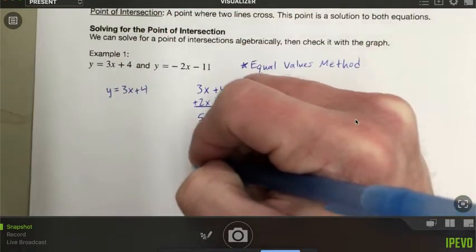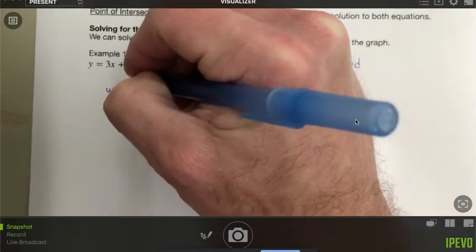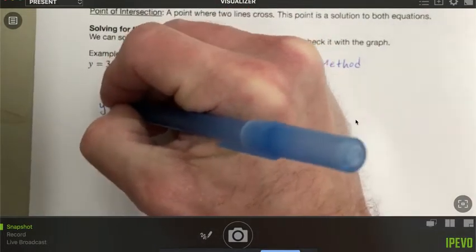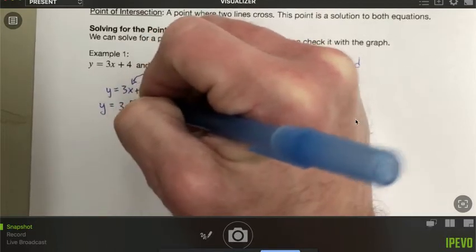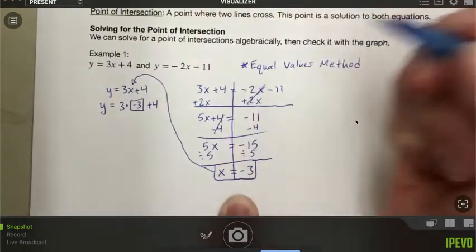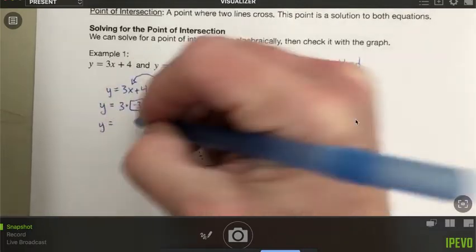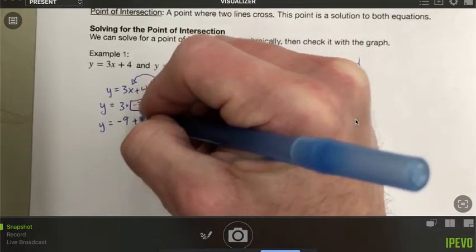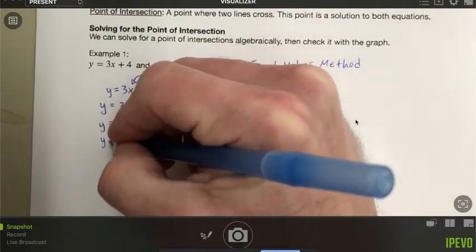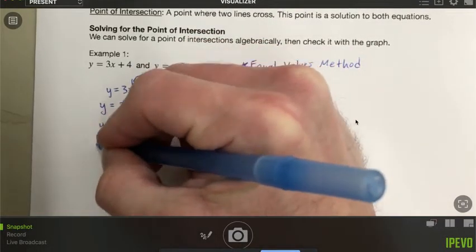But now I know that x is negative 3. So we're just going to do 3 times our negative 3 plus 4. y equals 3 times negative 3 is negative 9 plus 4, which will be y equals negative 5.